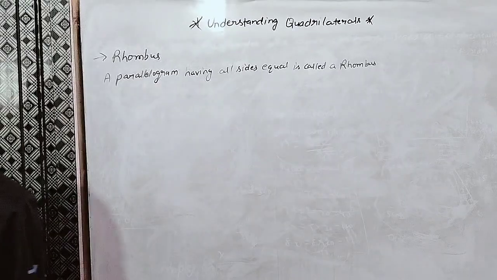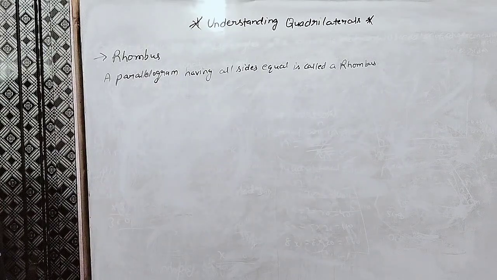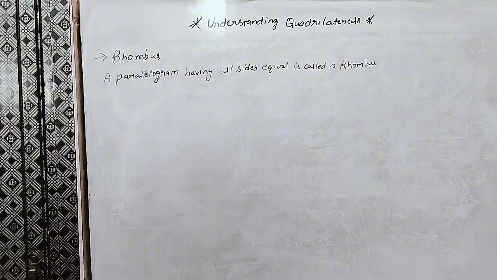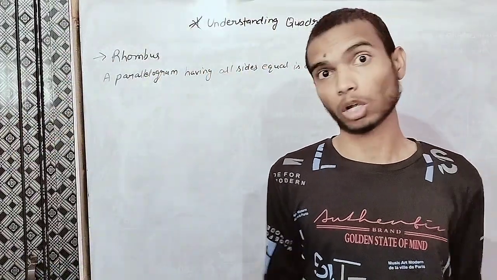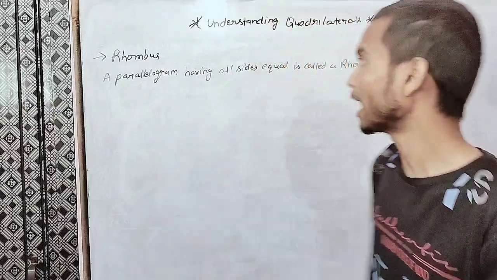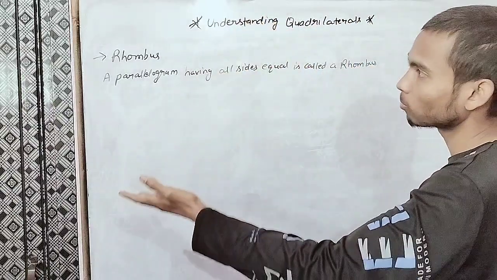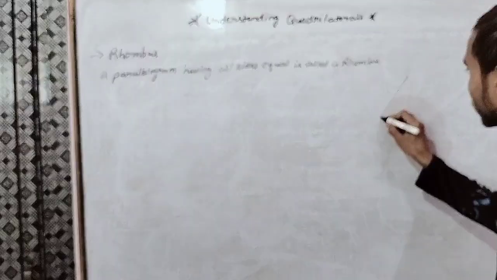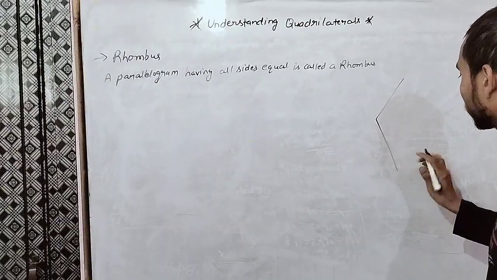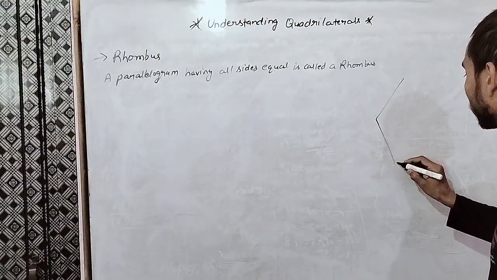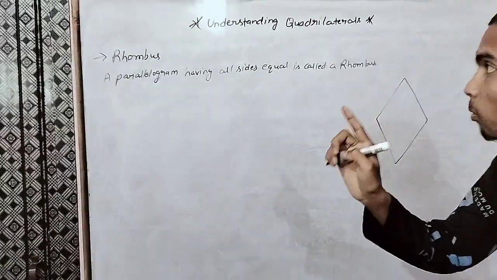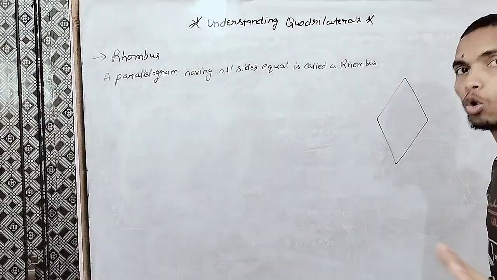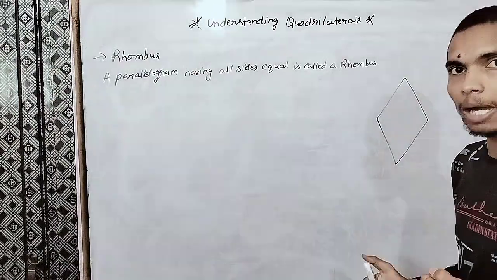Now, a rhombus is also a quadrilateral, and the definition is the same: a parallelogram. So a rhombus is also a parallelogram. The figure will be like this. This is a figure of a rhombus. A rhombus is already a quadrilateral and already a parallelogram.